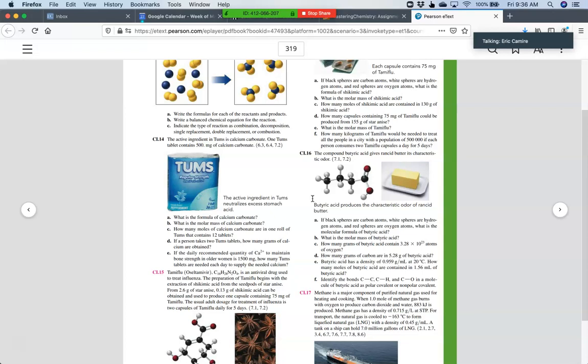So how many capsules, each containing 75 mg of Tamiflu, could be produced from 155 grams of star anise?